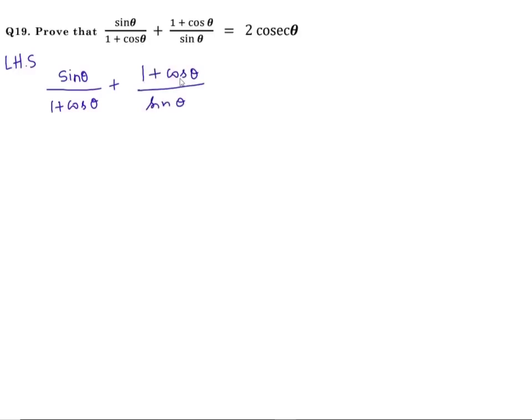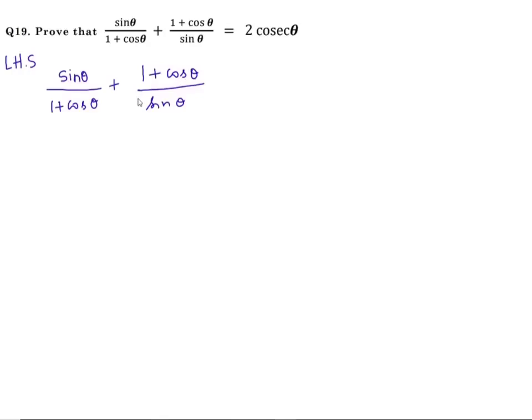Students, when you are solving a prove problem in trigonometry, what is the first step? Write down the LHS. What is LHS here? Sin theta by 1 plus cos theta plus 1 plus cos theta by sin theta.